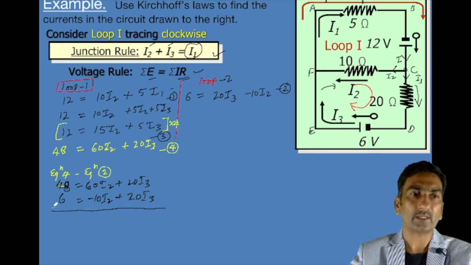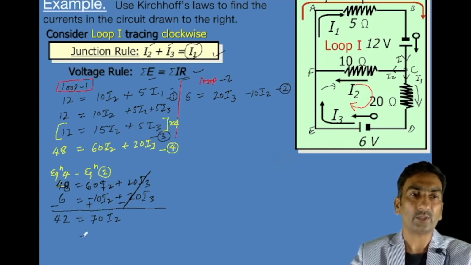Okay, we can subtract it. So when you subtract, the sign will change. It becomes negative, this one becomes positive, this becomes negative. So plus minus, that would cancel out. So 48 minus 6, it is 42. That would be equals to, now here it's 60 I2 and plus 10 I2, it becomes 70 I2.